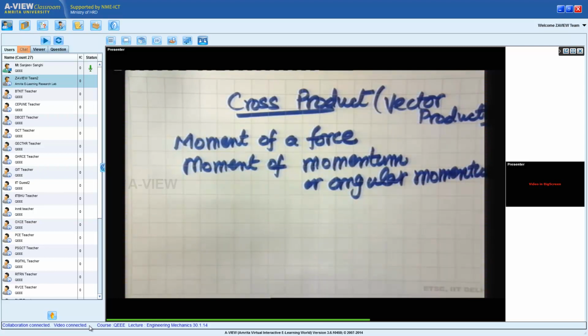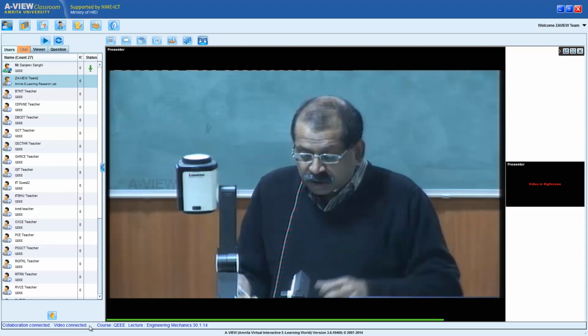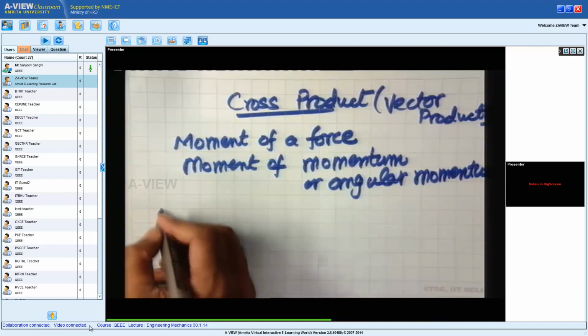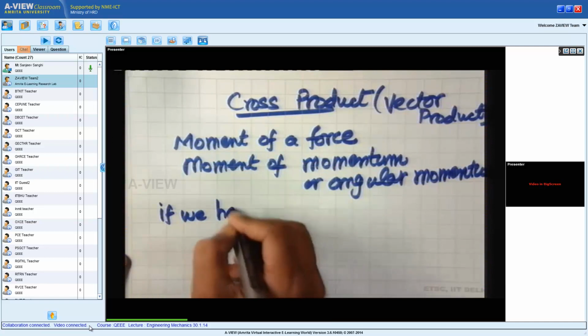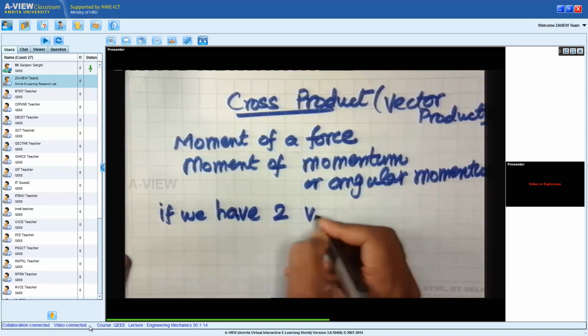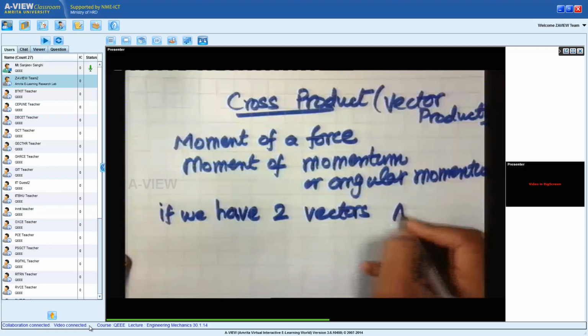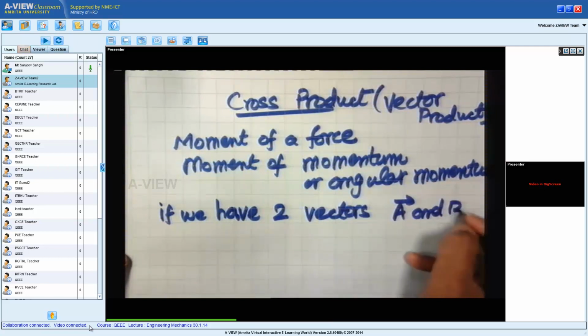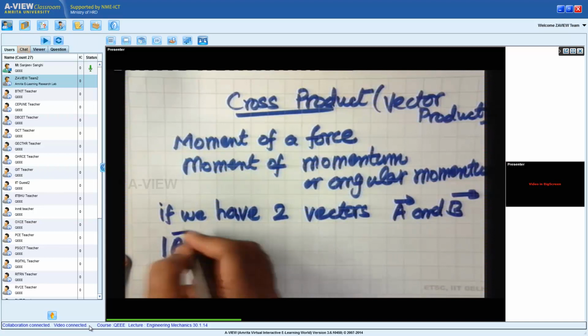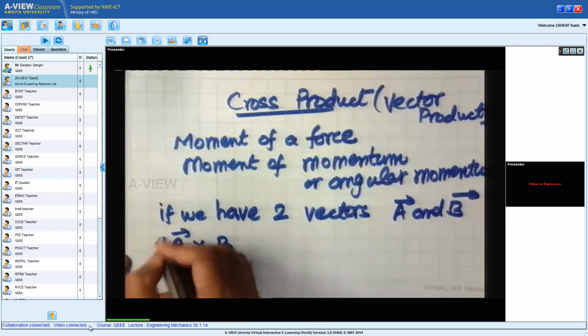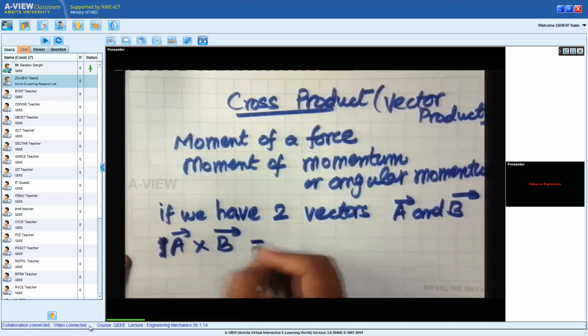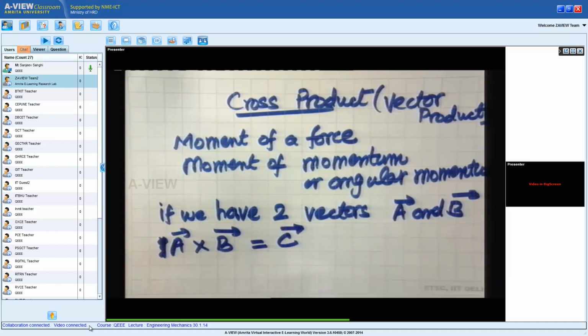So now, what is the meaning? What is a cross product? So again, if we have two vectors A and B, if we define the cross product of A cross B as C, then C, the cross product, is again a vector.